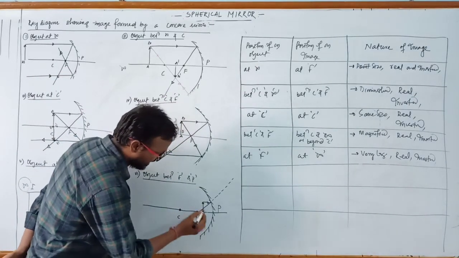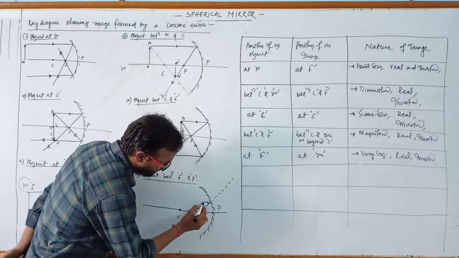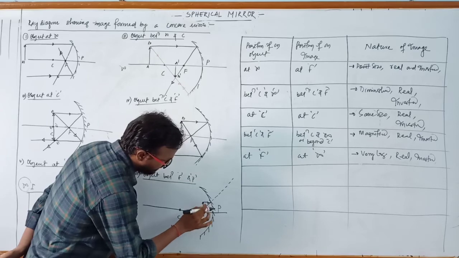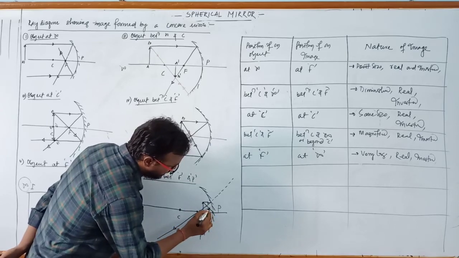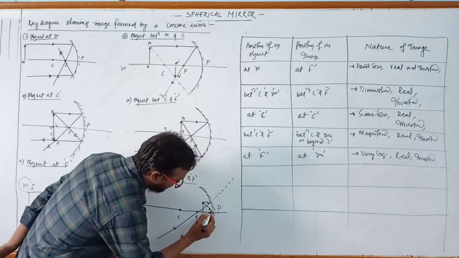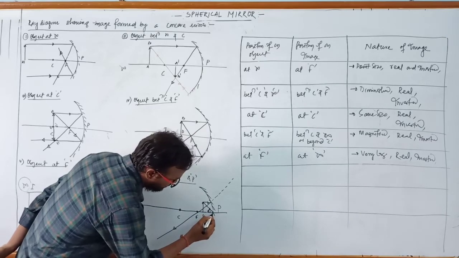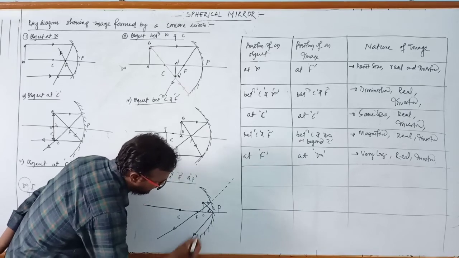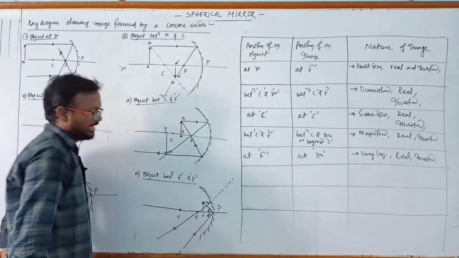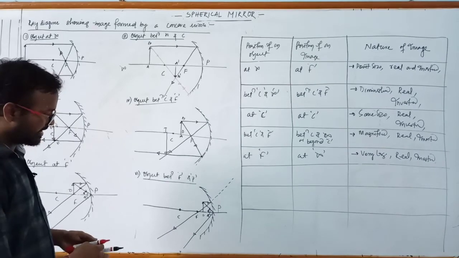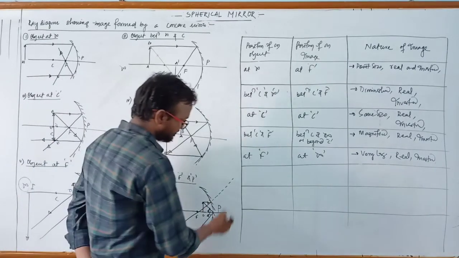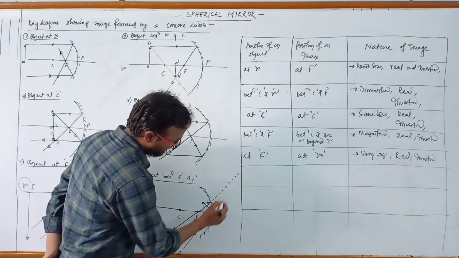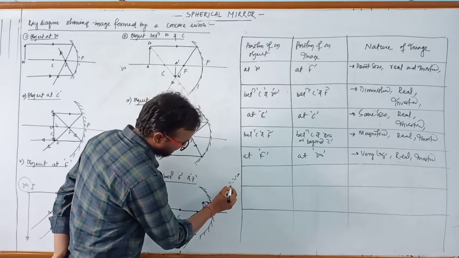Again, if we take another ray which strikes at the pole, because for an image we need a minimum of 2 rays to observe an image. Suppose this angle is theta, now the reflected ray also passes at an angle theta, angle of reflection. Clear?